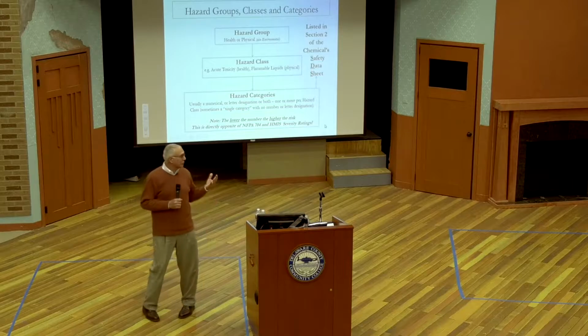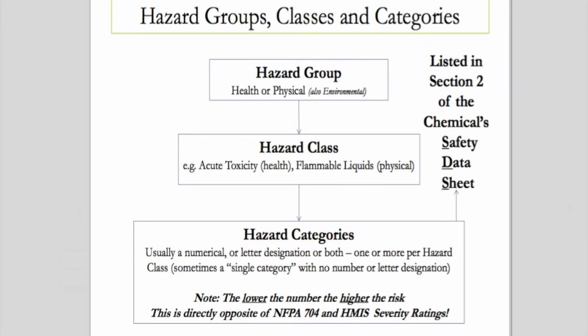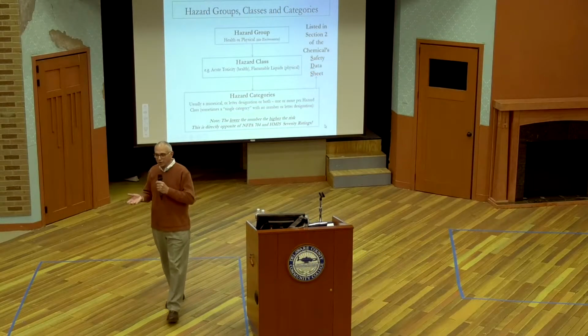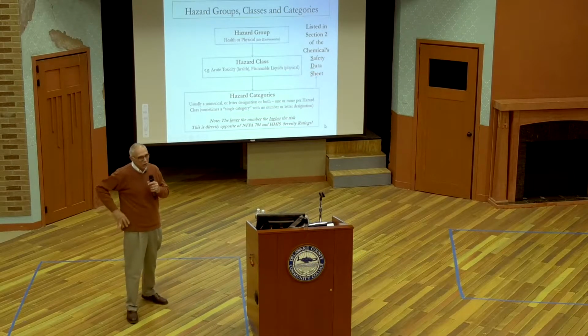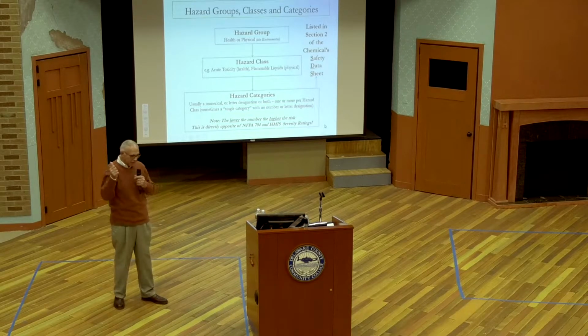Now, it's these three terms that are really going to interest you: hazard groups, hazard classes, and hazard categories. These are the key words when it comes to the new hazard classification process. We were dealing with two hazard groups: physical hazards and health hazards.